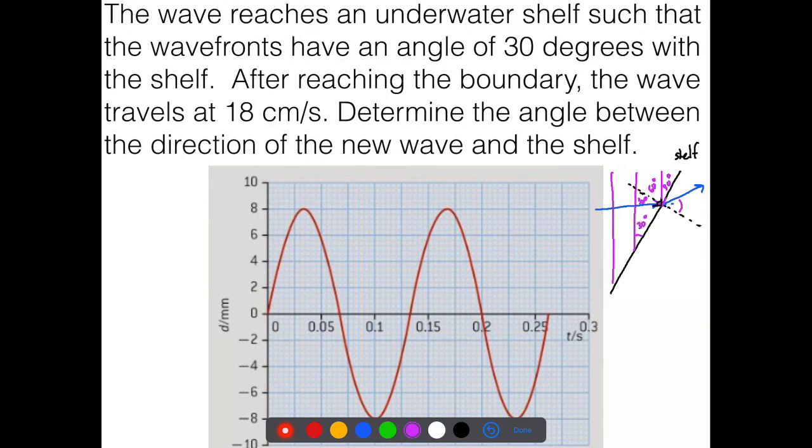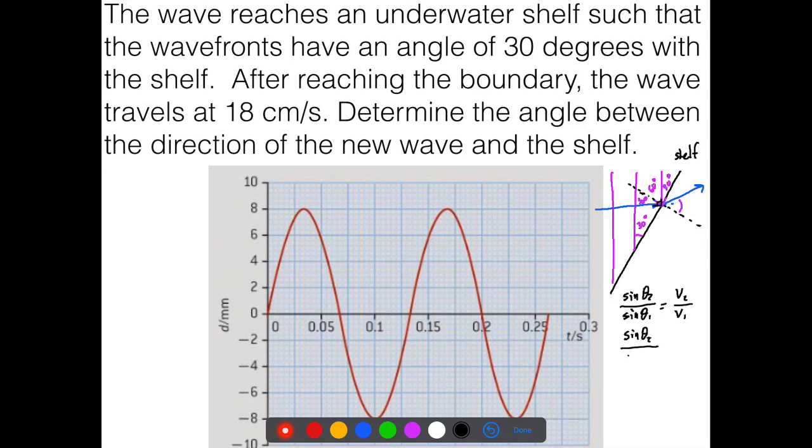Now, in order to answer the final question, we have to use Snell's law. This is just a situation with refraction, okay? So Snell's law says that sine of theta 2 over sine of theta 1 equals velocity 2 over velocity 1. So we should be able to throw all those numbers in, right? We are looking for the new angle, so that's this.